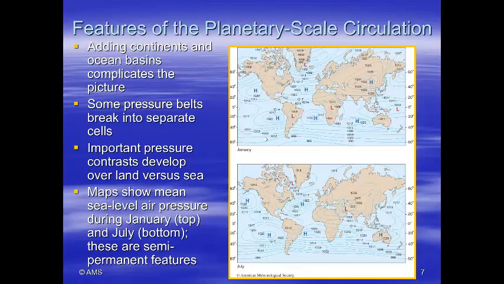So some of these pressure belts break into separate cells, and the important pressure contrast develops over the land versus the sea. And the map shows the mean surface level pressure, and the top one is January and the bottom one is July.